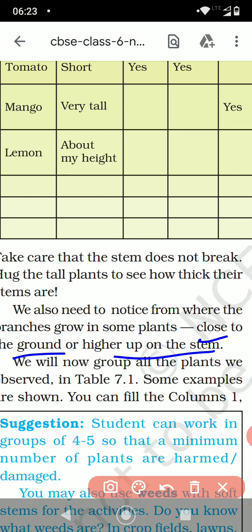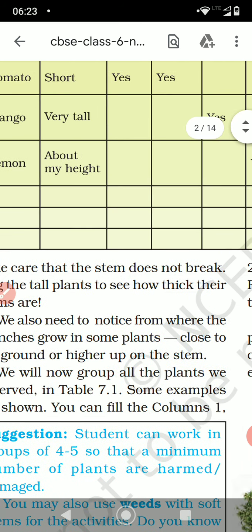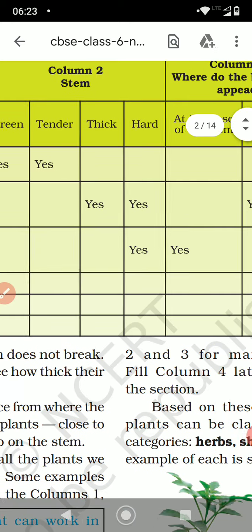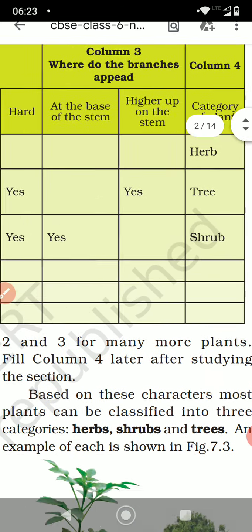Okay, we will now group all the plants we observed in table 7.1. Some examples are shown. You can fill column 1, and then 2 and 3 for many more plants.